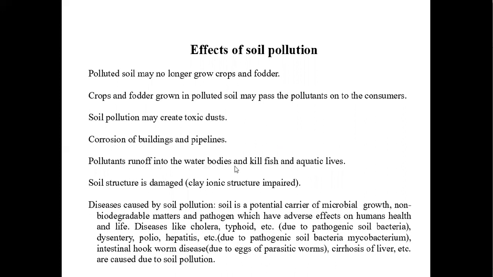Pollutants run off into the water bodies and kill fish and aquatic life through soil erosion, and soil structure is also damaged. Different diseases are also caused in plants and animals, and it also causes diseases like cholera, typhoid, etc. due to pathogenic soil bacteria, and intestinal hookworm disease due to eggs of parasitic worms.